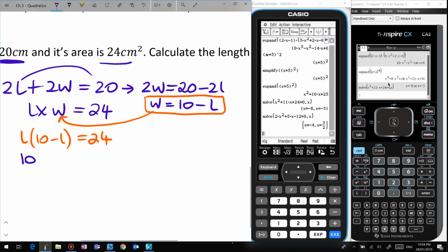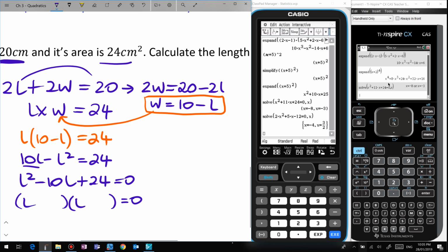Now I've only got one variable, so we can expand it out. We get 10L minus L squared is equal to 24. If we bring our L squared to the other side and our 10L to the other side, we get L squared minus 10L, because when I bring that over it becomes negative, and then I'll have a plus 24 equals 0. From here we can factorize this.